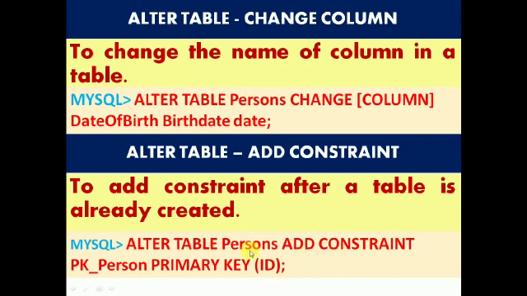So I can write here alter table persons, add constraint, then pk underscore person. This is optional. If you want to give a new name to your primary key, you can give, otherwise you can leave it. Then primary key and ID. So this ID is already existing in your table, only you are adding the constraint primary key on this ID.